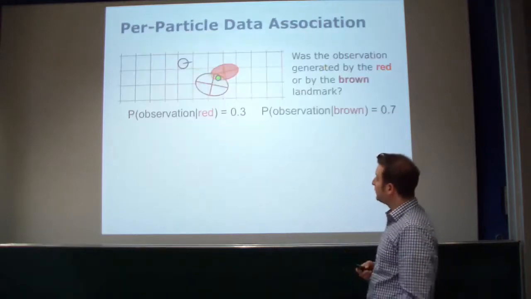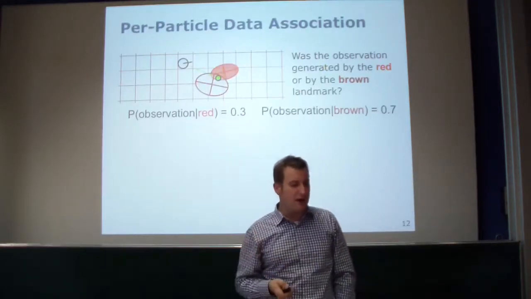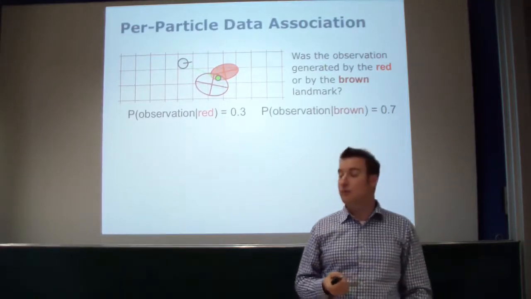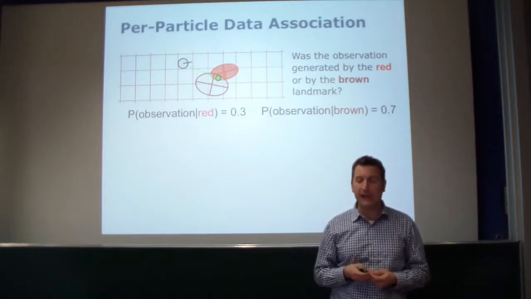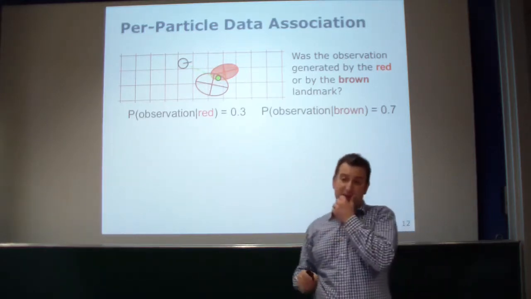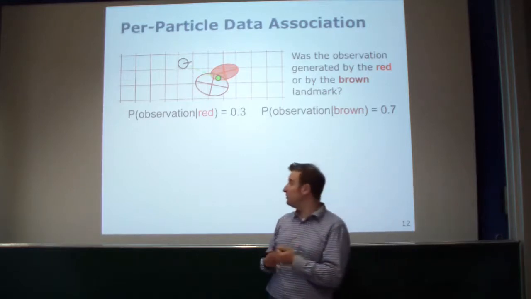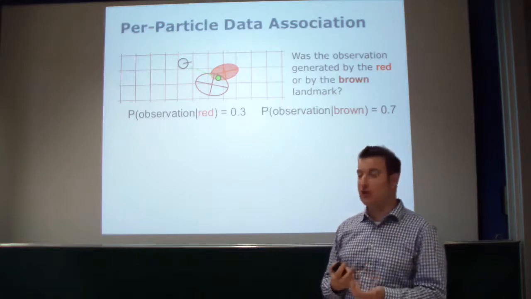Okay, how does this look? So assume we have a robot, and we have the red and the brown covariance estimates for landmarks that the particle has in its own map. And it observes this landmark here, just a single landmark. What should we do? What should we update? There are different ways we could address the problem.